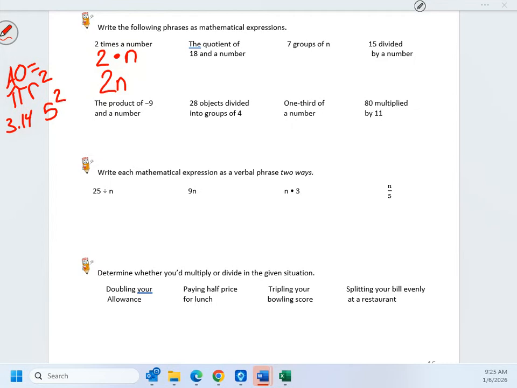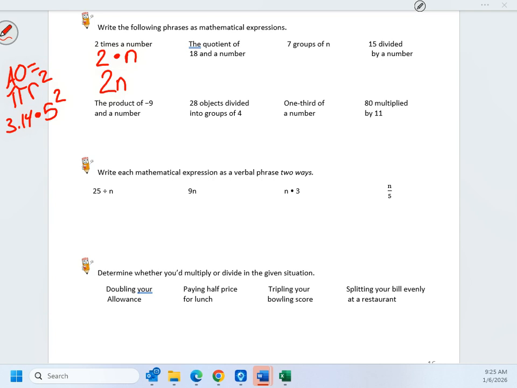Because pi is right next to the r, it's just implied that it means multiply. So we don't write out those multiplication symbols all the time. We just have to know that it belongs there. So if you write 2 with the multiplication symbol and n, it means the same thing as 2n. I'll still give you credit for it. Okay.